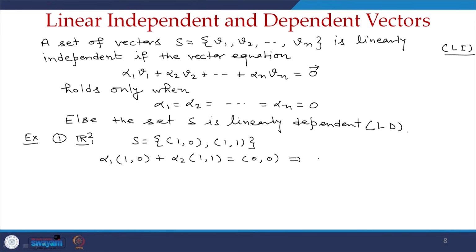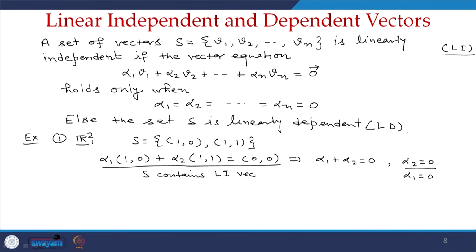It gives alpha 1 plus alpha 2 equals 0, and the second equation gives alpha 2 equals 0. When alpha 2 is 0, putting it in the first equation, alpha 1 is also 0. So this vector equation holds only when alpha 1 and alpha 2 are both 0. It means S contains linearly independent vectors.